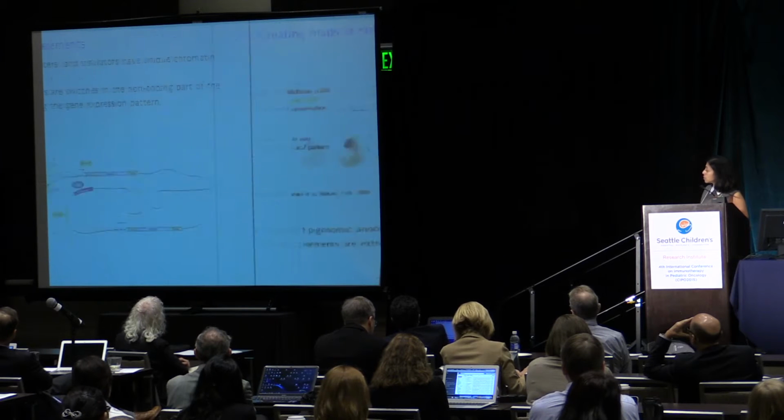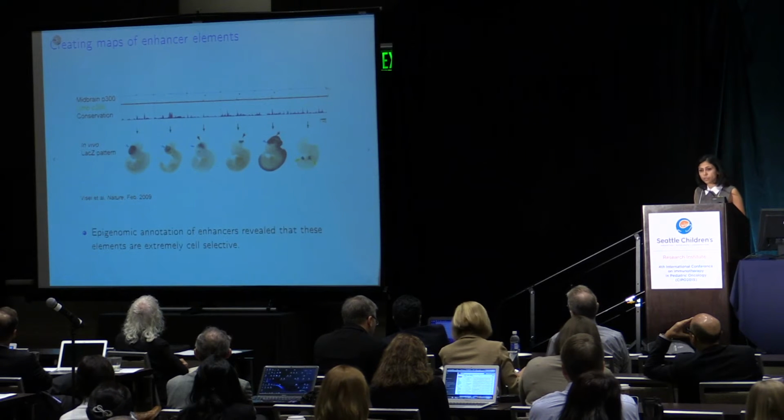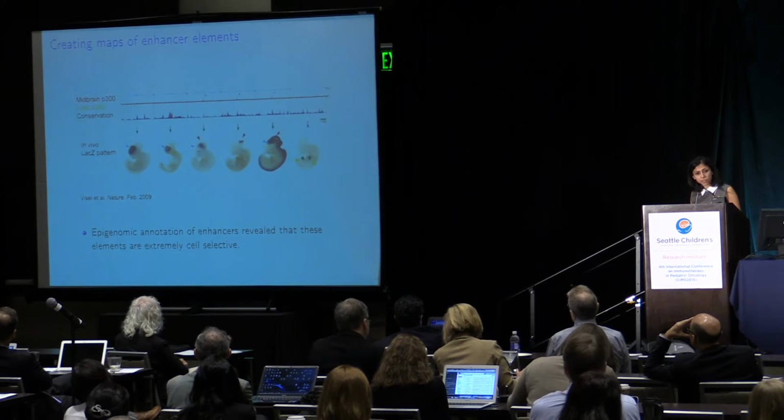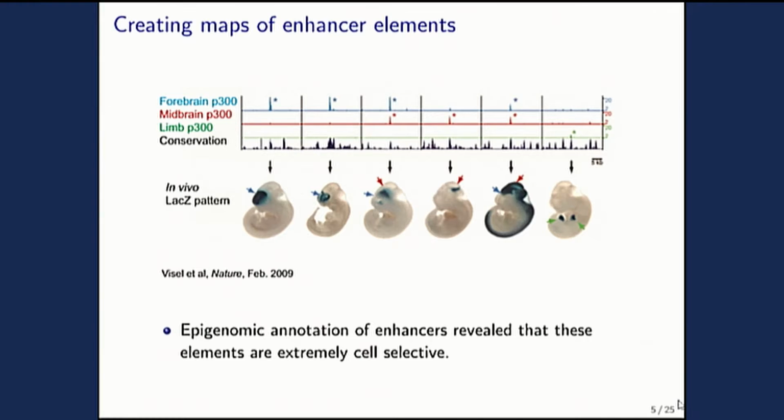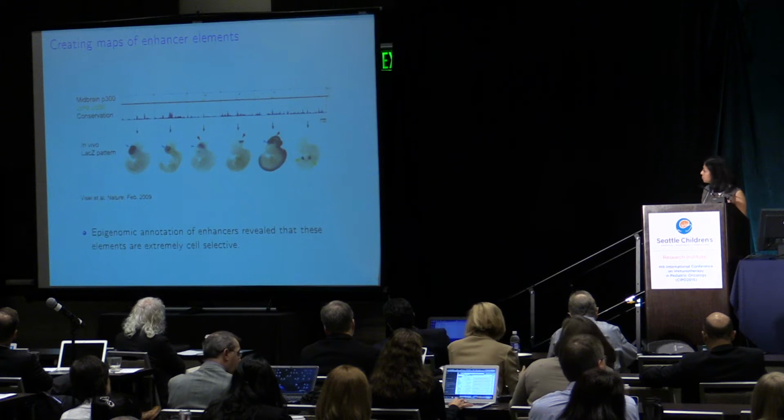So many of these studies have now been functionally proven. For example, the binding of acetyltransferase P300, this is a study from 6 years ago, but they performed a very comprehensive study by generating a large series of transgenic mice, and they showed how tissue-specific binding of P300, which is again a histone acetyltransferase, can reliably predict the functionality of those pieces of DNA being functional in that relevant tissue.